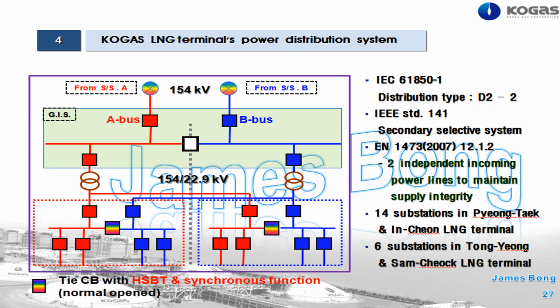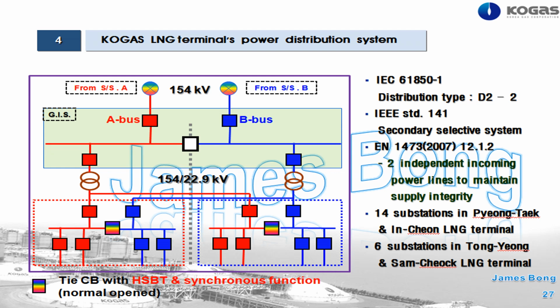KOGAS is a state-run company and the only company which supplies natural gas in Korea. Most of all, we are focusing on stable and reliable natural gas supply in any case. So, we don't use a loop system between the two incoming lines, because of all-lines failure or open circuit breakers in case of using loop systems.